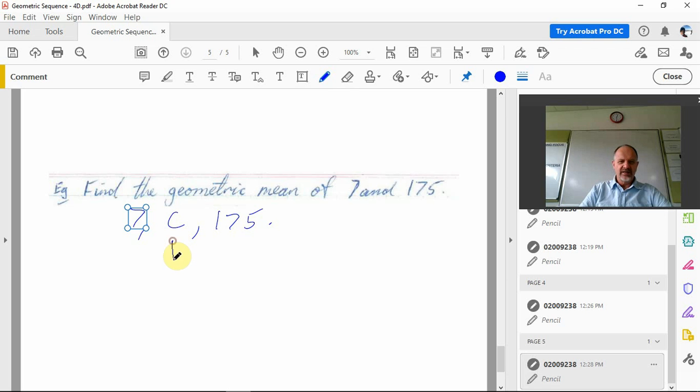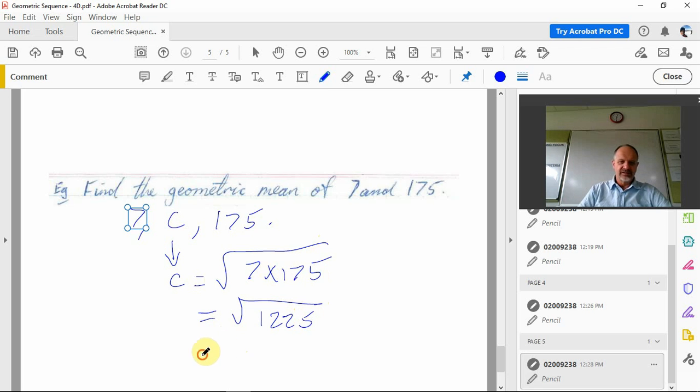So this C would be the square root of 7 times 175, and that's a calculator job because that's the square root of 1225, which is 35. All right, so that's it. Geometric is multiplying by the same thing all the time.